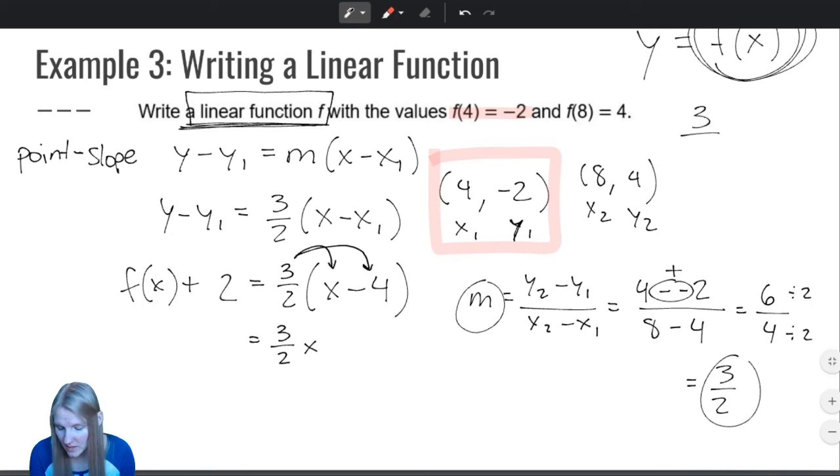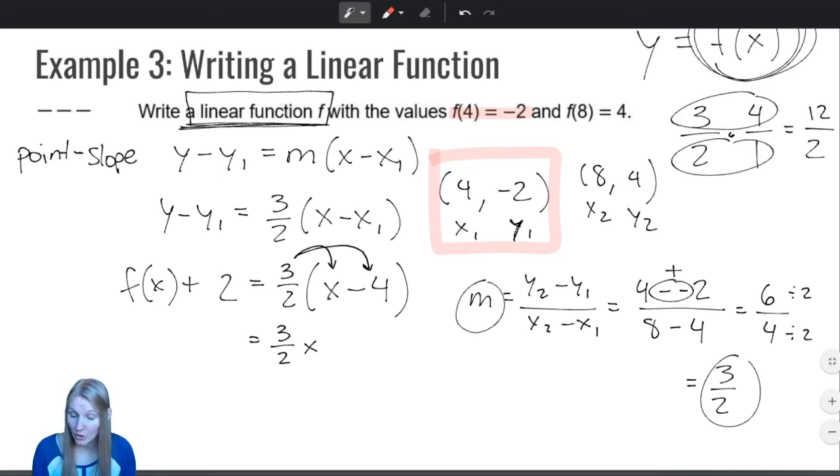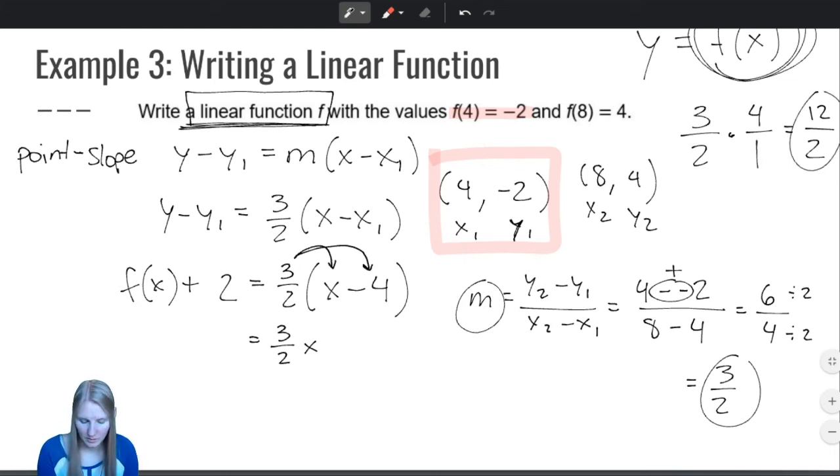If I take 3/2 times 4, remember this is 3/2 times 4 over 1, which is 3 times 4 is 12, 2 times 1 is 2, and what is 12 divided by 2 but 6? And it's negative because I have x minus 4. So 3/2 times -4 gives me -6.